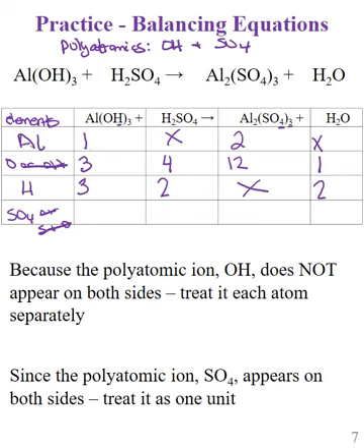So for the first molecule, aluminum hydroxide, we don't have any SO4s. For the second molecule, H2SO4, how many SO4s do I have? I will only have one unit of SO4.